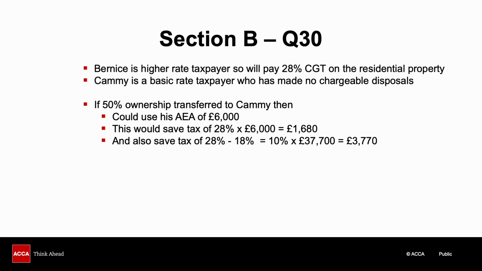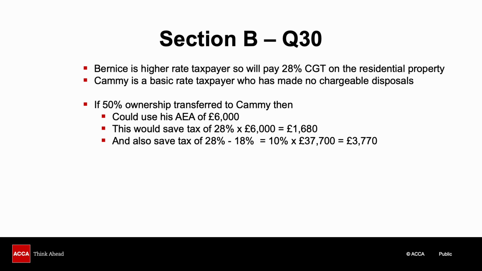So the difference between what she would pay, 28%, and what he would pay, 18%, is 10%. 10% of the amount of gain that could be taxed at the lower rate of 18%, 37,700, his basic rate band that's not been used, gets us our 3,770.